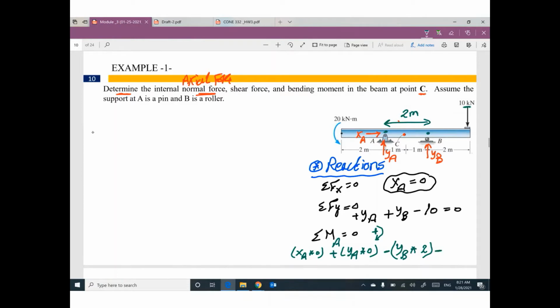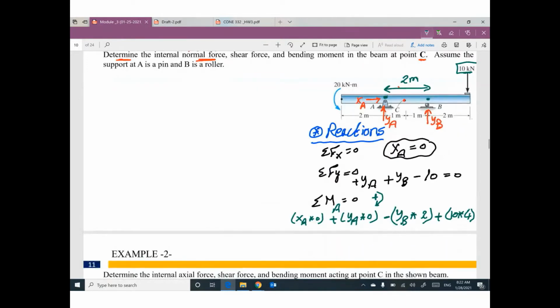Plus 10 times what? What is the distance between this force 10 and the point A? Remember, your force and your distance must be perpendicular. So the horizontal distance will be 4 meters. Minus, I included XA, YA, YB, and 10.